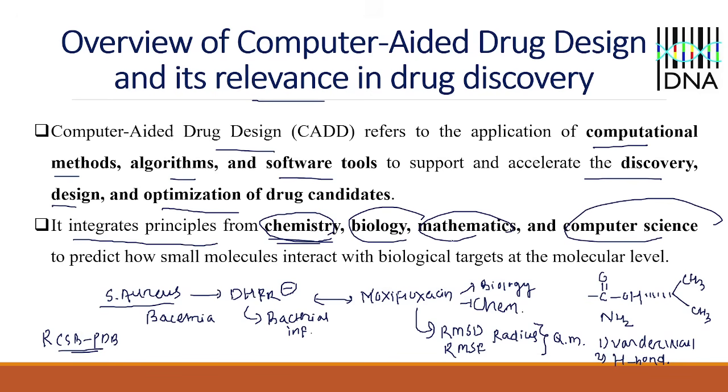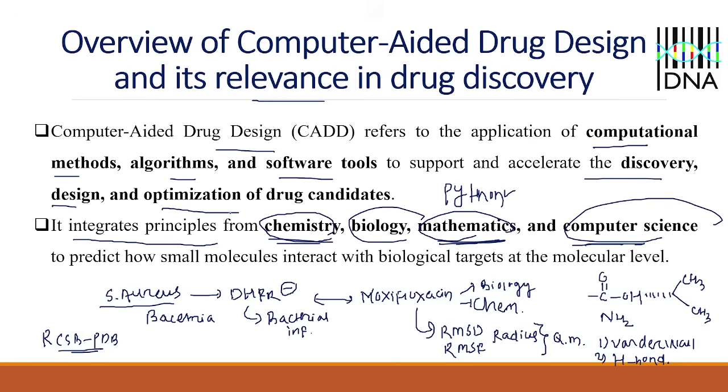So in this way, this interaction is also mathematical, and in the back end, as you all know, many of the docking software run in the Python language. So Python, the computational or information science side, runs in the back end.